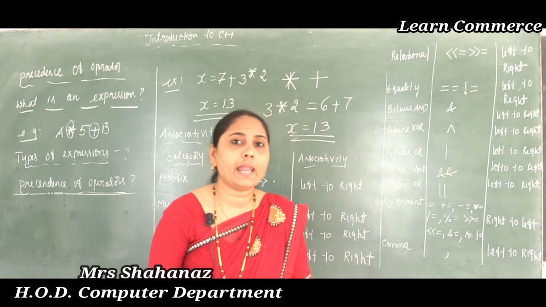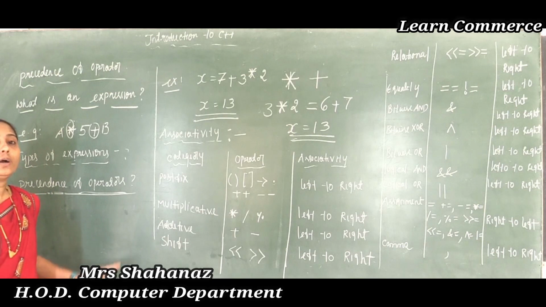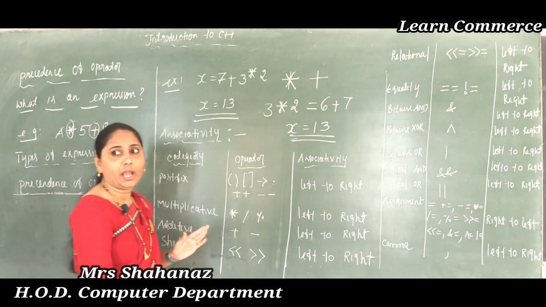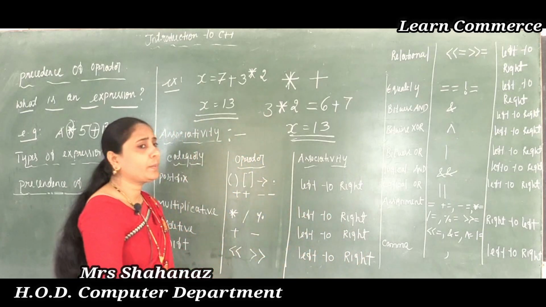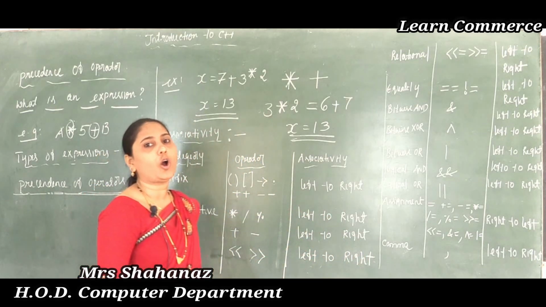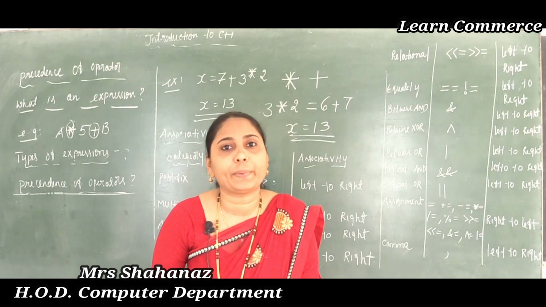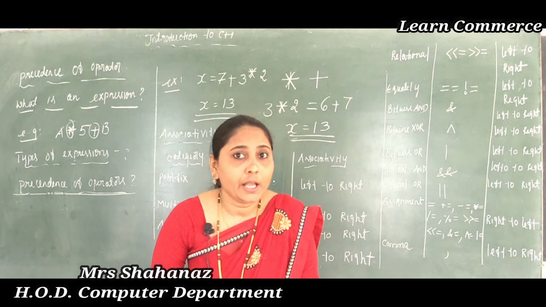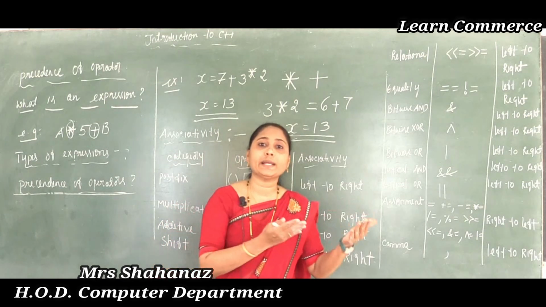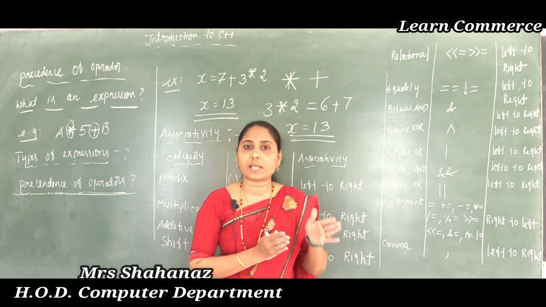Now we are in the concept of associativity of an operator. So what about the associativity of an operator? We can say that operators of the same precedence, because some operators have the same importance. So we can't say it is the highest priority or the lowest priority when compared to some operator.